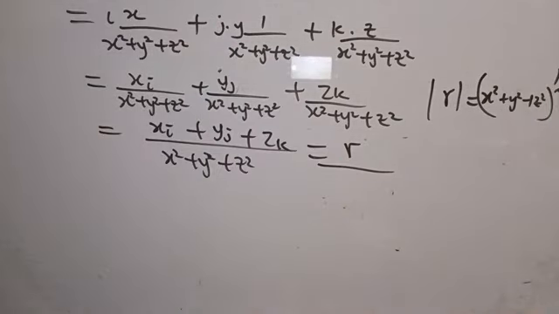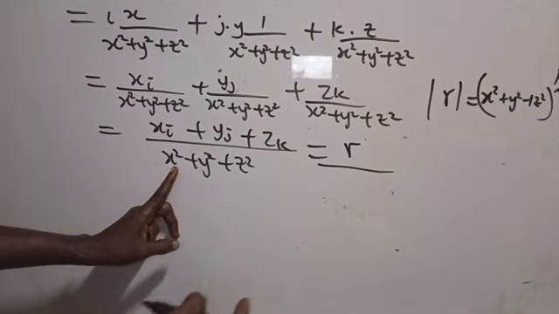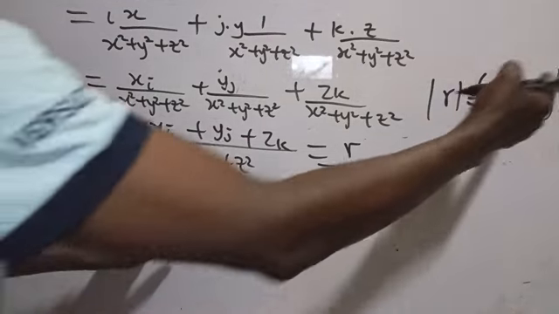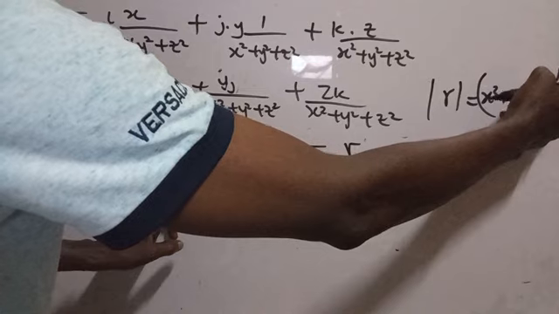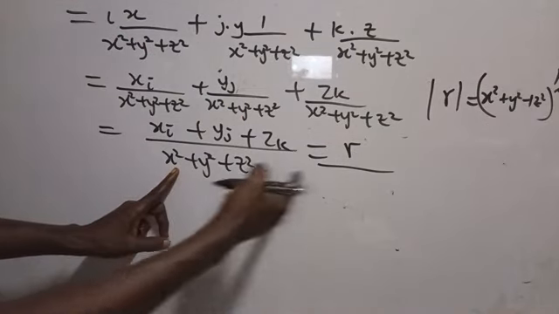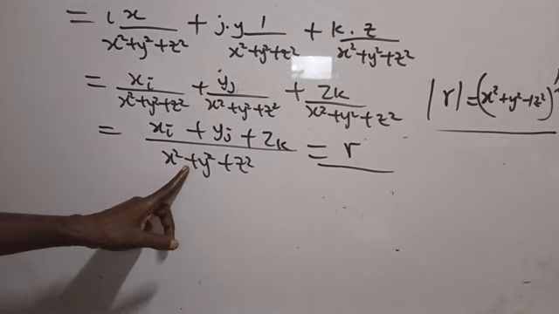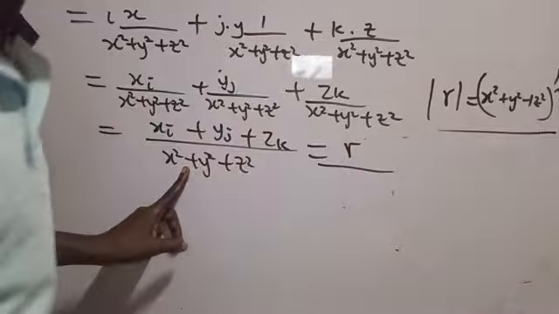Do you get it now? Do you understand? Now, how do we get this from this? If we multiply this by 2, we are going to get this. So that means multiplying the modulus of r by 2 will give us this.